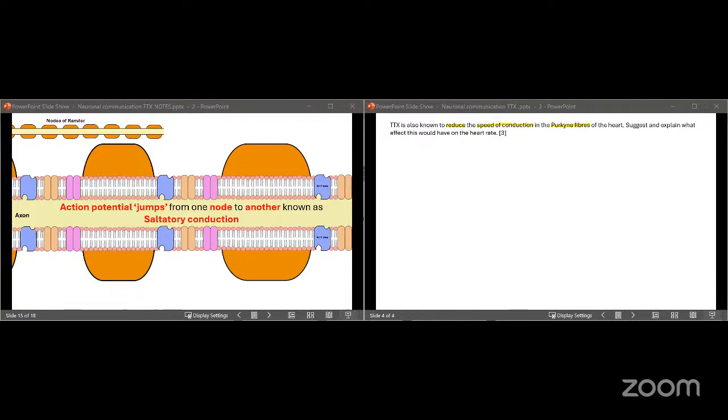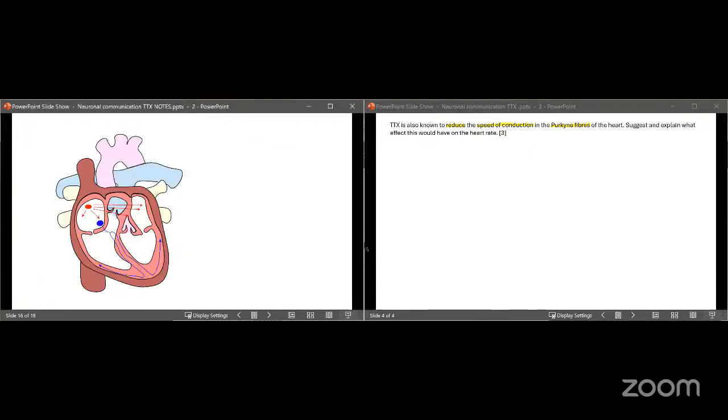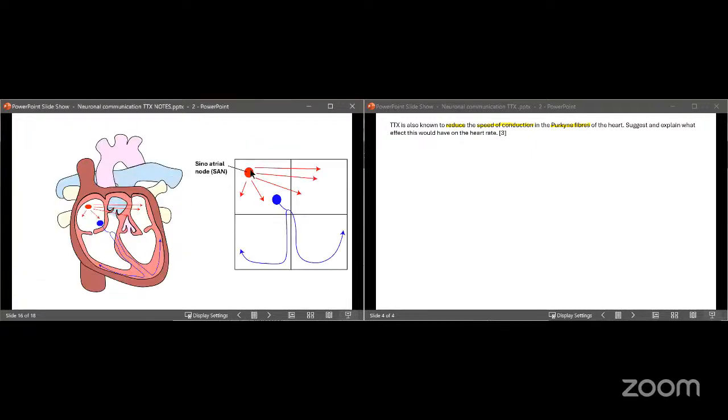So if I just bring this in here, if we look then, you should know that you have your sinoatrial node. That is going to send electrical impulses across the atria. You also should know about your atrioventricular node.